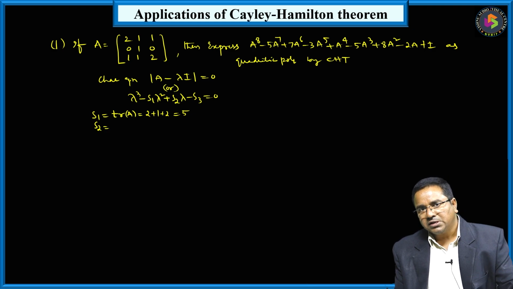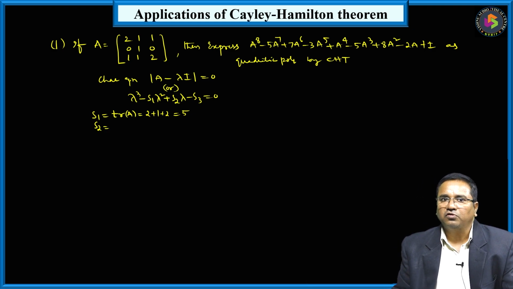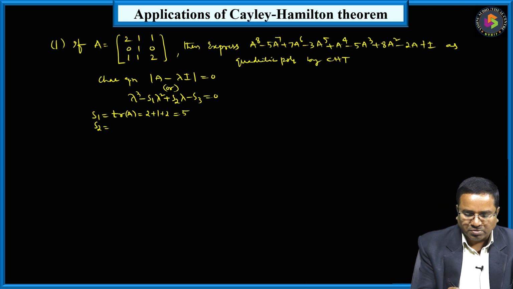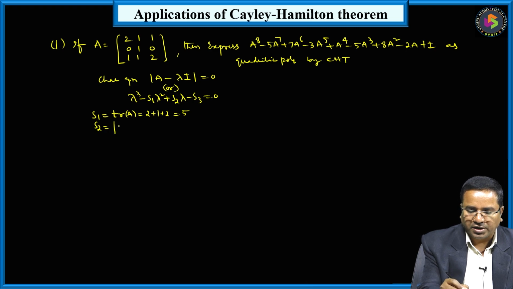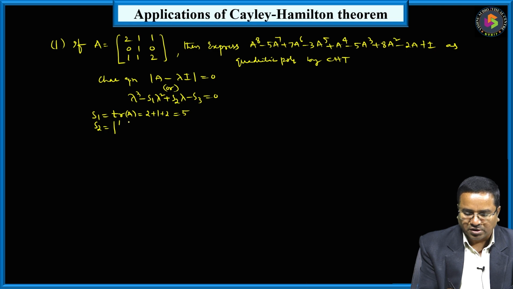The elements that lie on the principal diagonal are called principal diagonal elements. So we have to compute the sum of minors of principal diagonal elements, meaning the minor of A11, minor of A22 plus minor of A33. The minor of A11 is obtained by deleting the first row and first column. It's 1, 0, 1, 2.